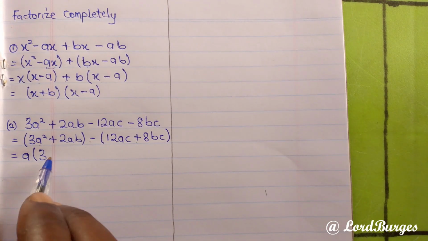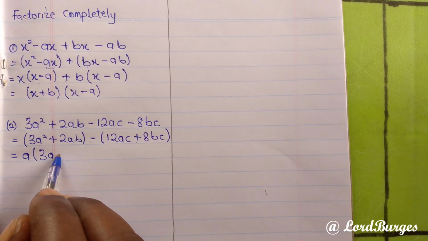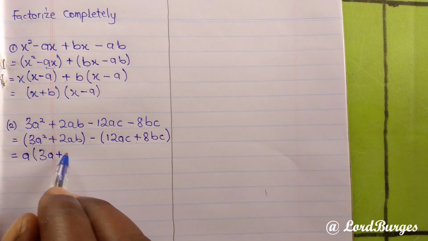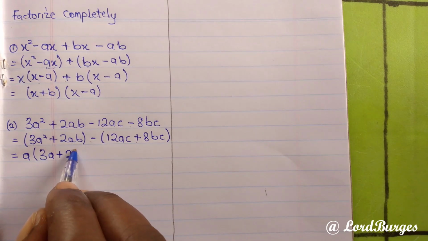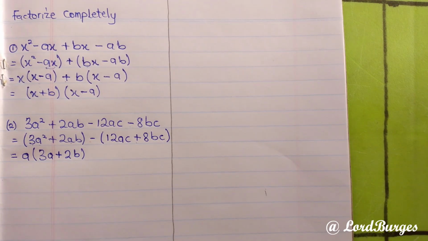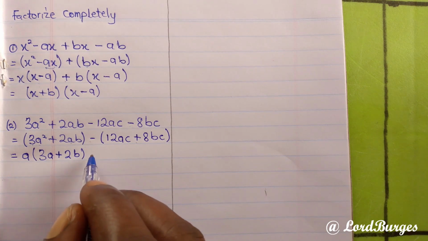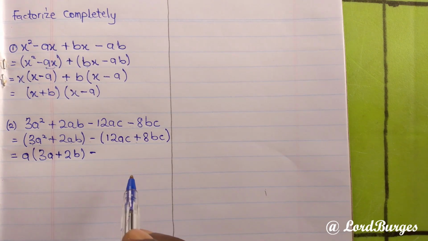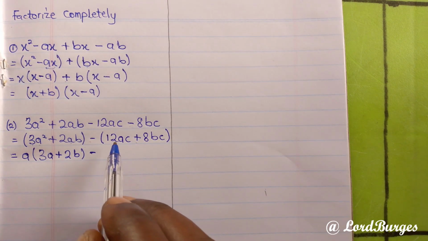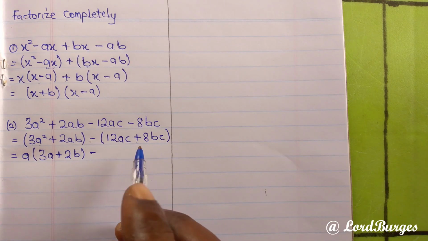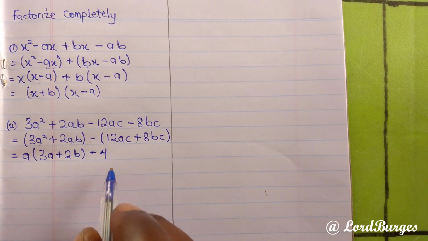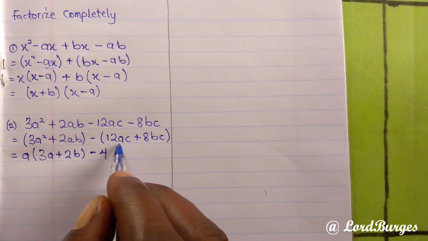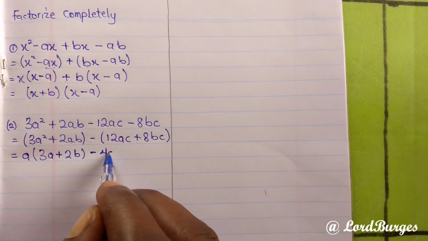I've taken one out, so it is left with one of the a. Plus, I have my 2, this a is out, I'm having b left, minus. HCF of 12 and 8 is 4. So I have my 4. What else is common? That is the c.